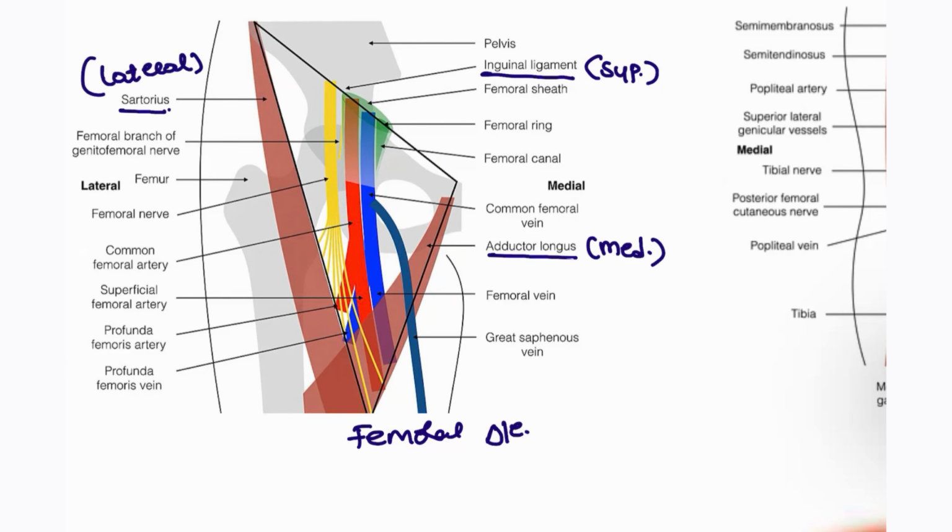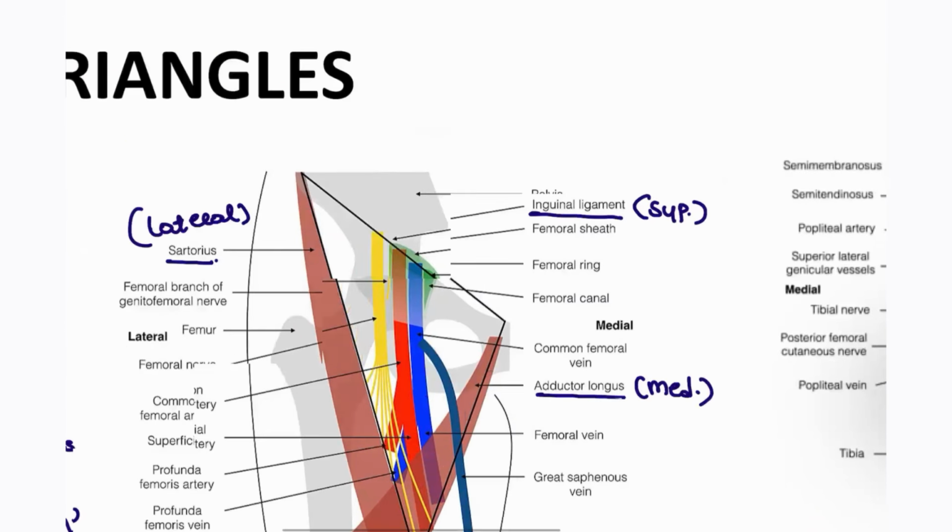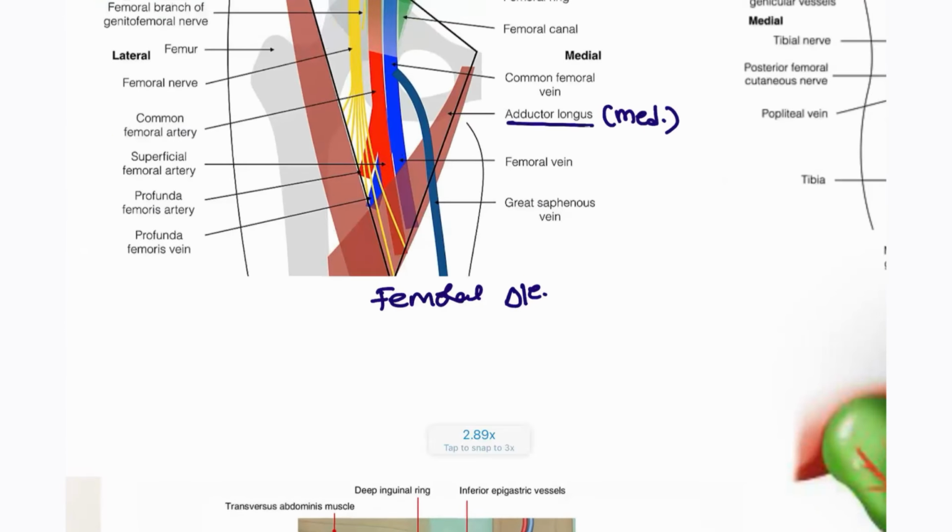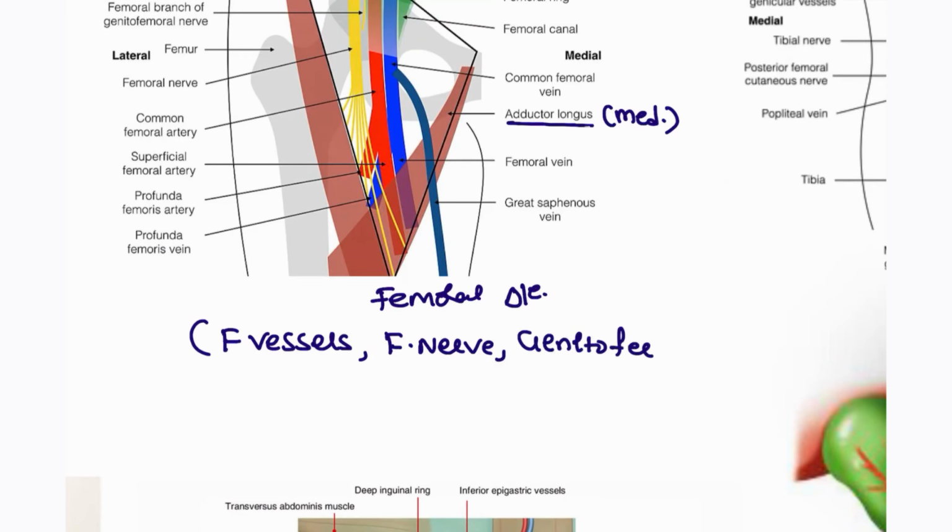What is the important content present in the femoral triangle? The femoral vessels, both the femoral artery and vein, and along with that the femoral nerve. Also the femoral branch of the genitofemoral nerve is present in this region.